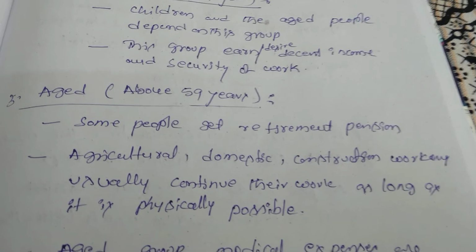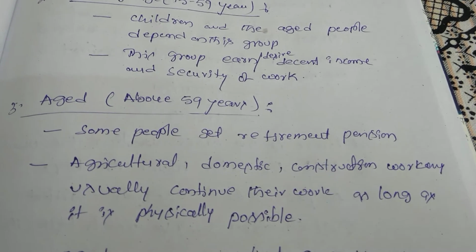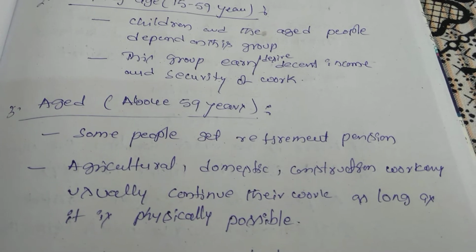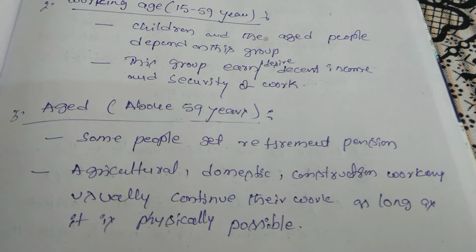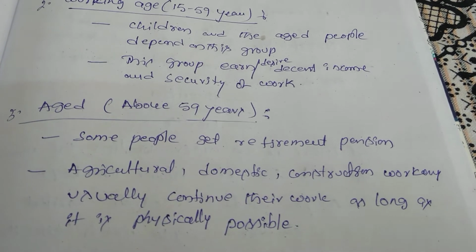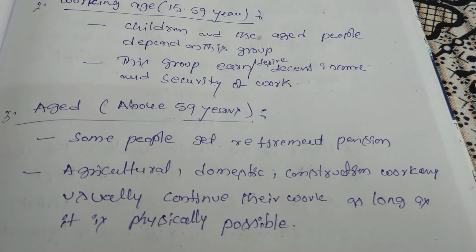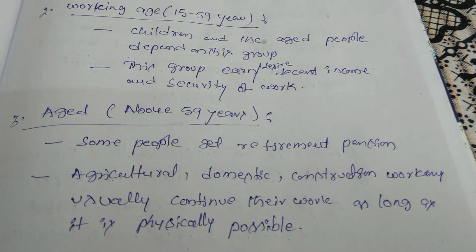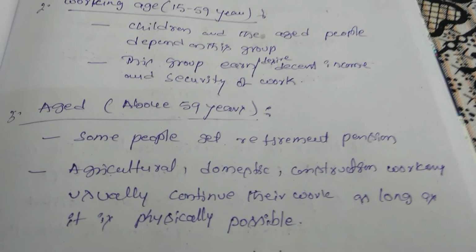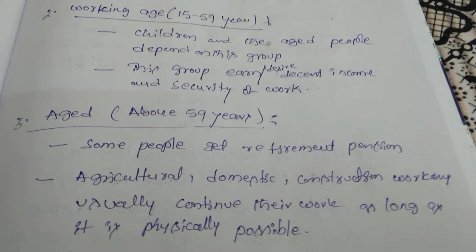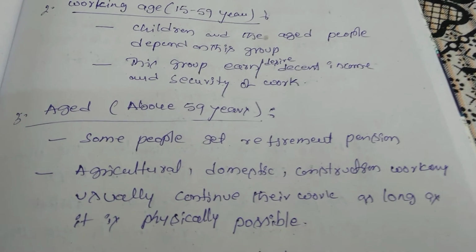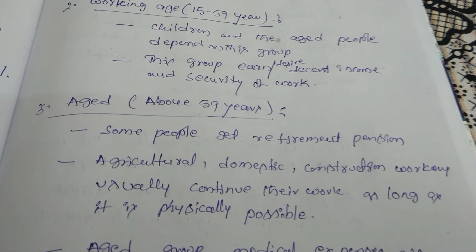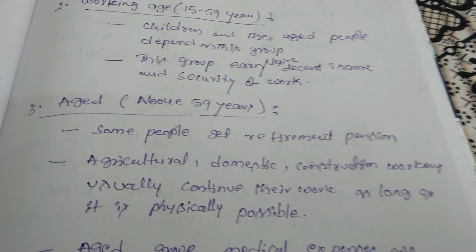You may have observed that people more than 70 or 80 years old around you are also working in domestic work, in shops, or under a construction contractor. These people don't get decent income, they don't have job security, and after a certain age they don't get any pension. But nowadays the state governments are providing some old age pensions to these people.